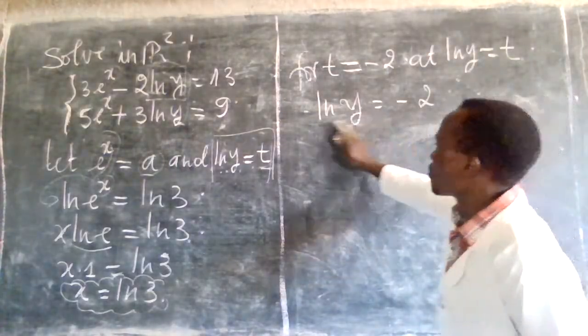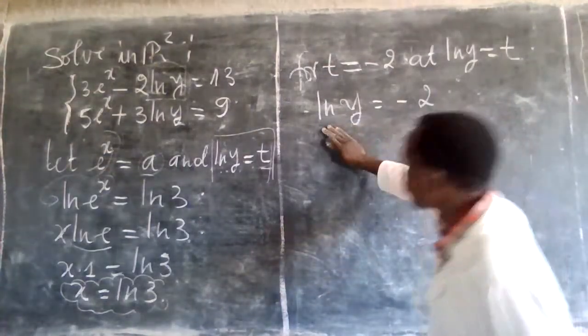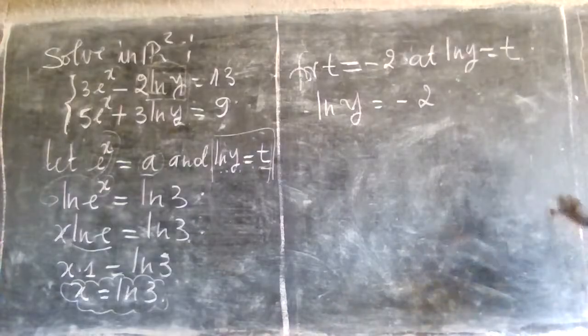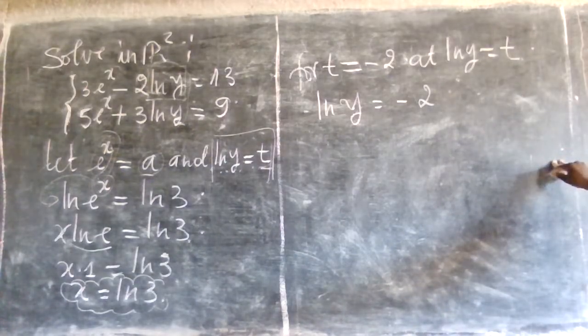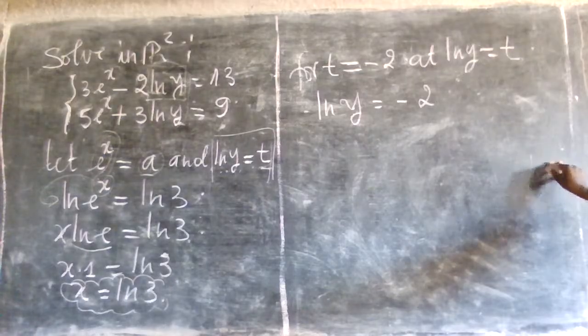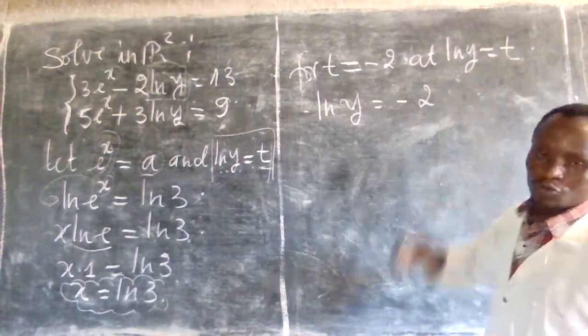Now also, what are you going to do at this step? Who can tell us what you are going to do? Please, I need your support. What are you going to do here?